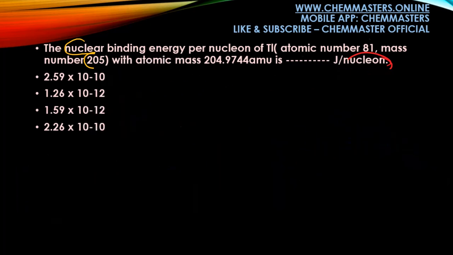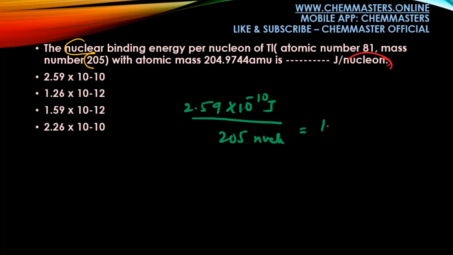So 2.59 into 10 power minus 10 joules by 205 nucleons equals 1.26 into 10 power minus 12 joules per nucleon. So the second option is the correct answer.